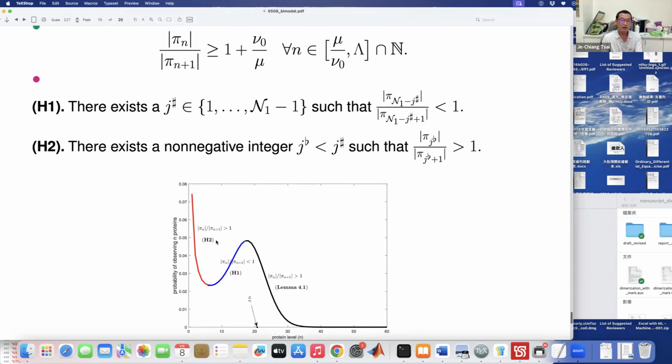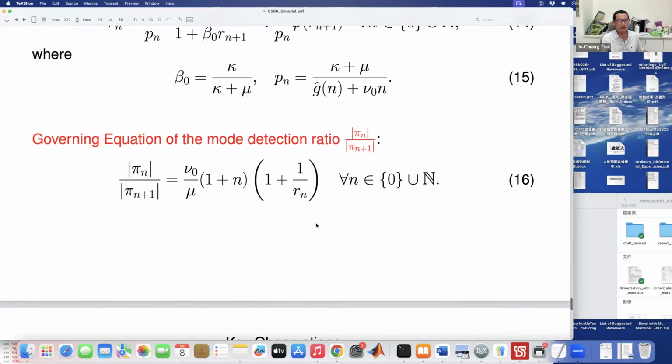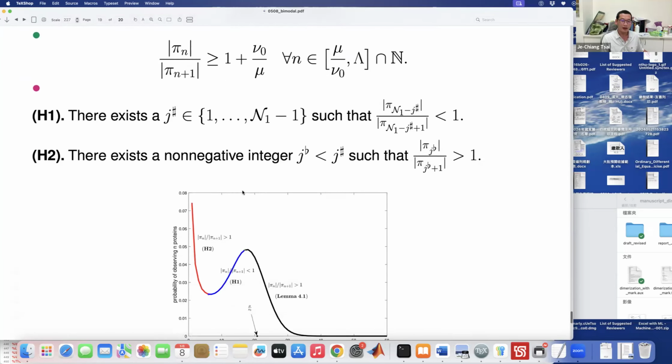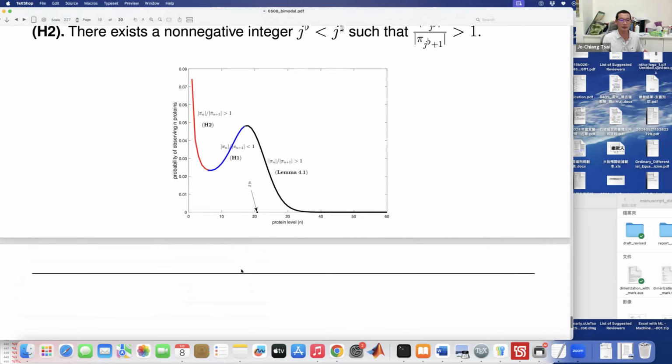So if we would like to study the shape of the distribution, we only need to focus on the interval between 0 and this number. Basically, we use these two equations, focus on this interval, and determine in which conditions we can get a bimodal distribution.